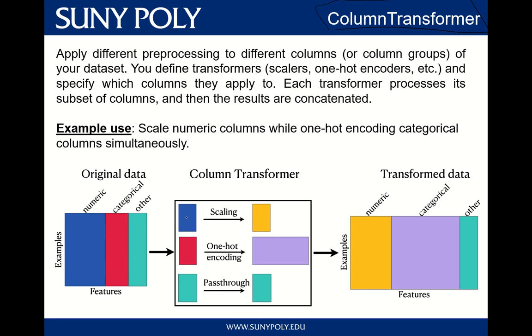The main idea of the column transformer is to apply it during the preprocessing, because remember that in our data set, we might have different data types. For example, here we have numeric, we also have categorical, and there could be other types of variables, imagine text. So the transformation is different for each. Maybe for numeric, we want to do some scaling, normalization, or standardization.